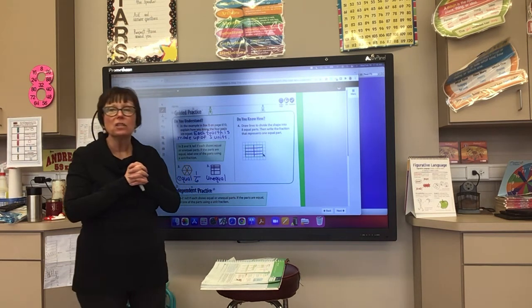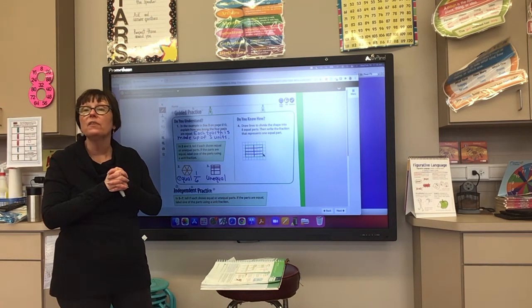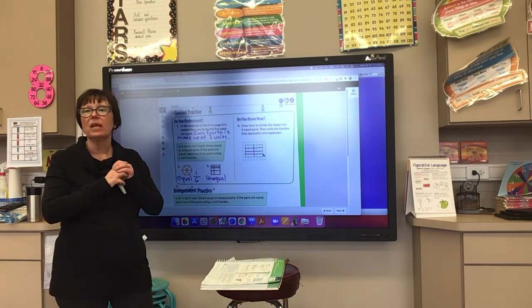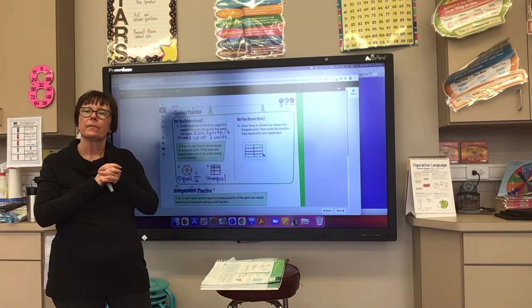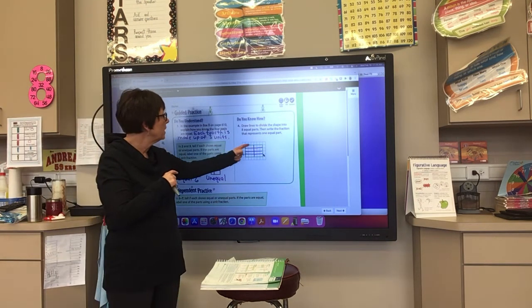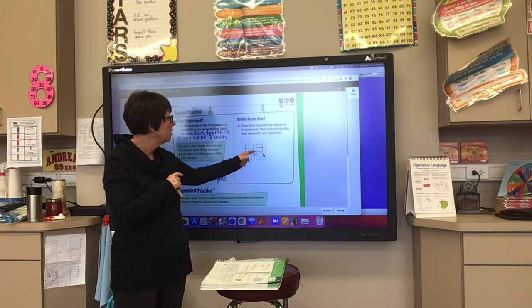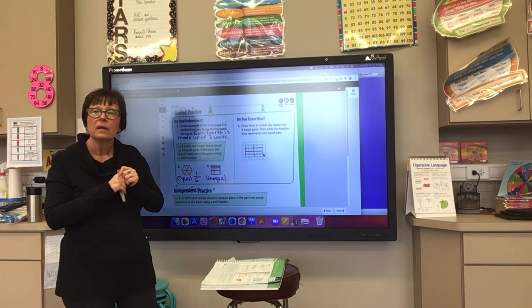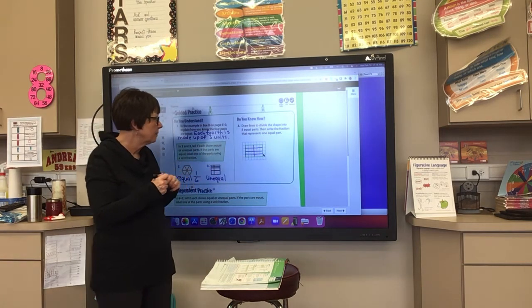And then what fraction, Nina, would name one of our equal parts? 1/3. Are we in 3 equal parts? No. How many parts do we have? 4. I mean 8. So what would be our fraction?